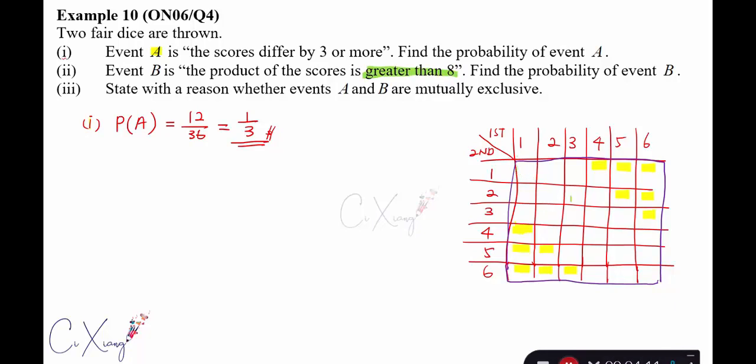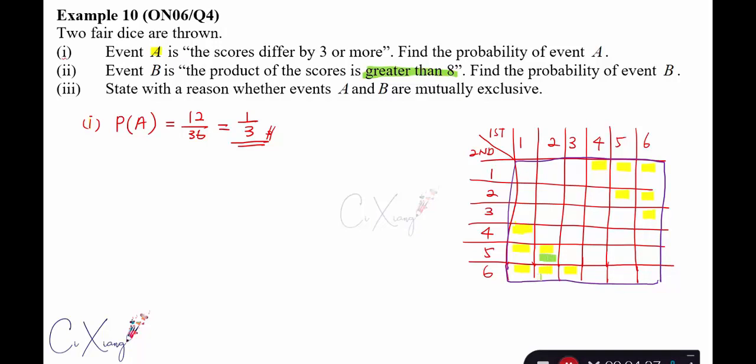Maybe you can check slowly. What you can see here, in this particular cell, is 5 multiplied by 2, you get 10, which is already more than 8. So this belongs to event B. I will highlight it in green.